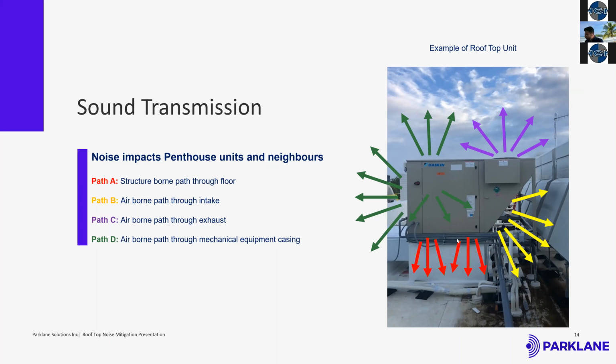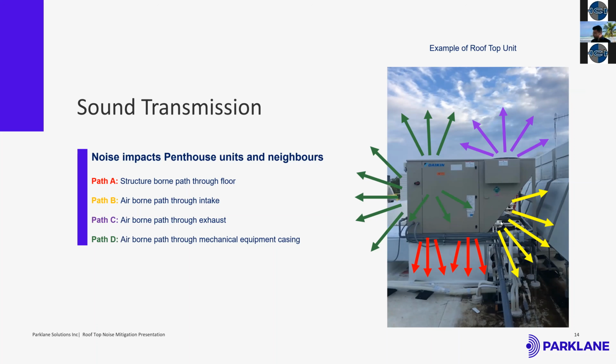So what are the different ways of transmission? It could be through the floor, through the structure and underneath, and it could get into the penthouse unit. That's referred to here in the red arrows. And mind you, they are omnidirectional. I just represent them by 2 or 3 arrows, but really they are omnidirectional, and they can be transmitted through various media as long as there is a medium.